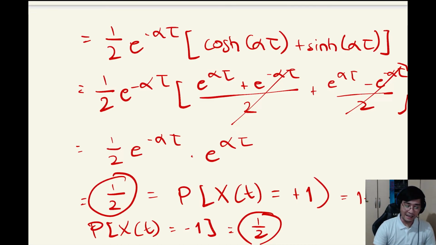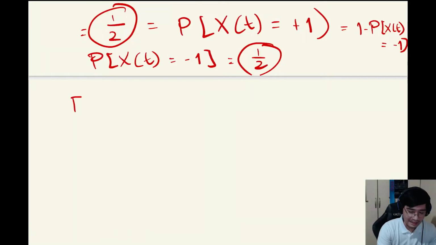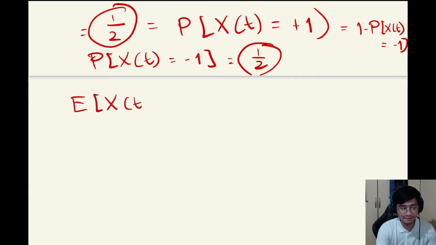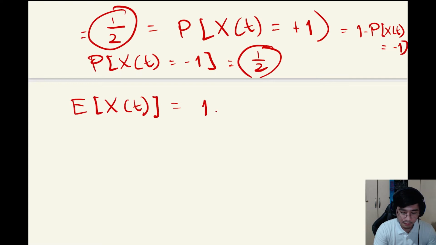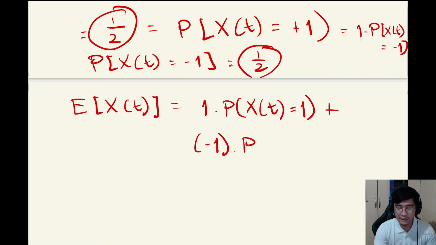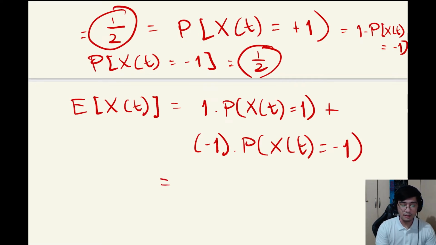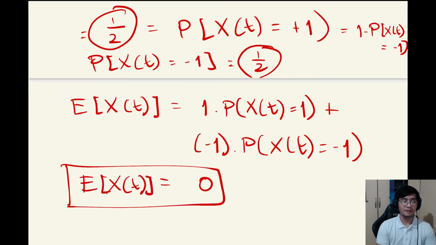And if you want to get the expectation, or the mean function, we get 1 times the probability that x of t is equal to 1 plus negative 1 times the probability that x of t is equal to minus 1. This is equal to 0. So this is now our mean function for our random telegraph signal.